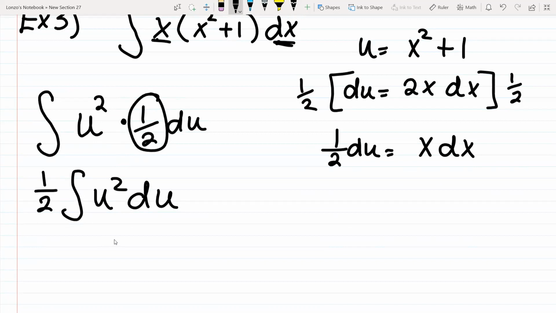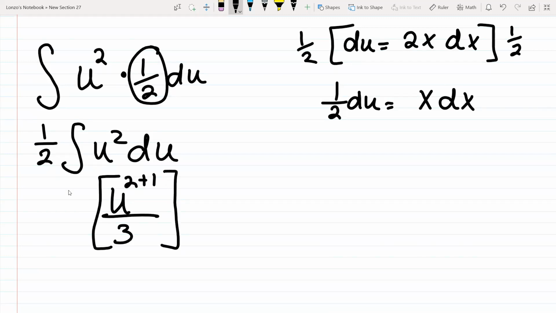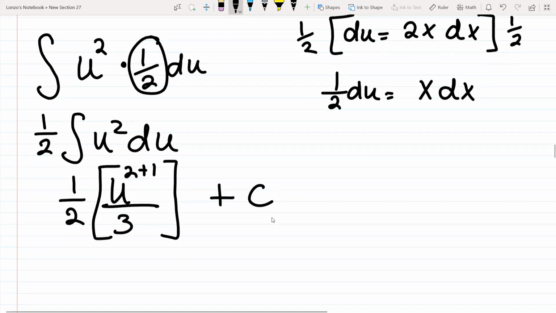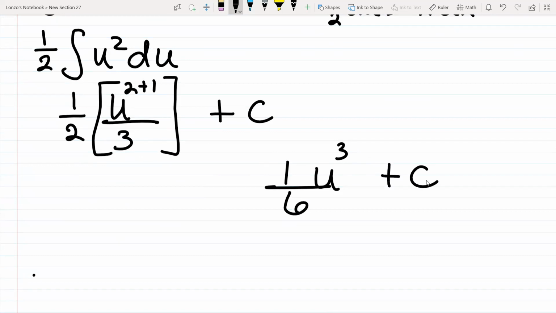Then let's take the integral of u. So that is going to be u to the 2 over 2. But don't forget the 1/2, so you're going to have to multiply this by 1/2. And then don't forget the plus c. So that's going to be 1/4 u squared plus c.